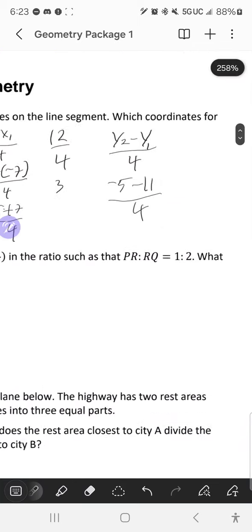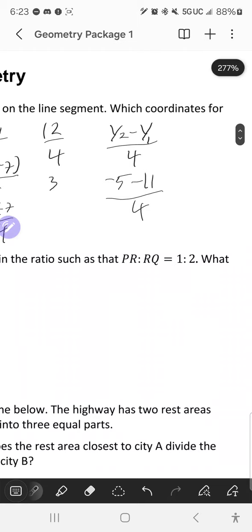They have different signs, so 11 plus 5 is 16, so negative 16 divided by 4, and this is going to be negative 4, because they have different signs, so we want to keep the negative. Like always, if they are different signs, our result is going to be negative.